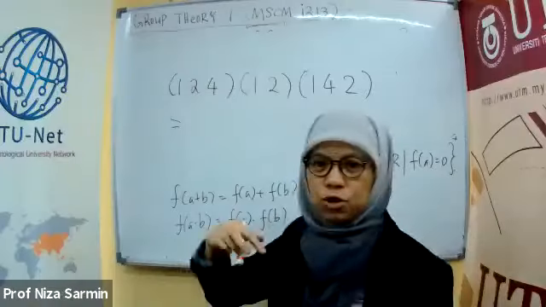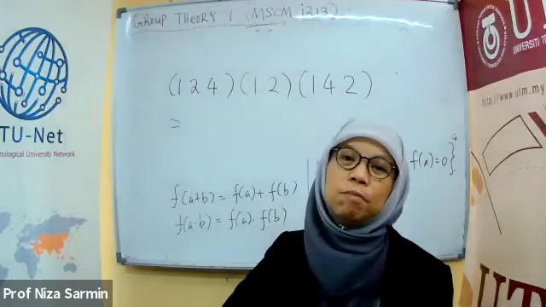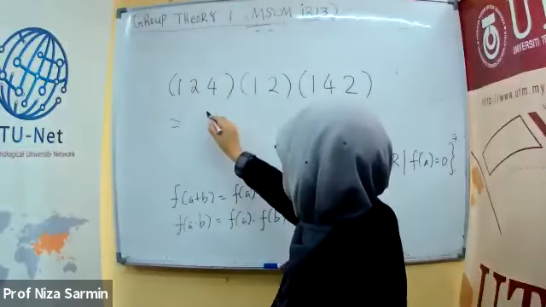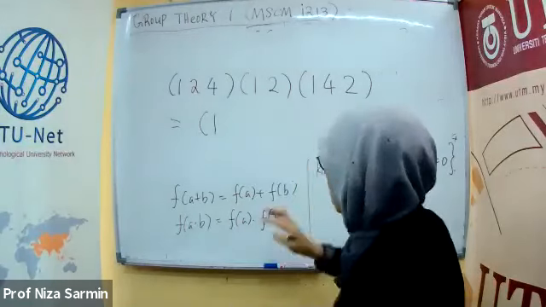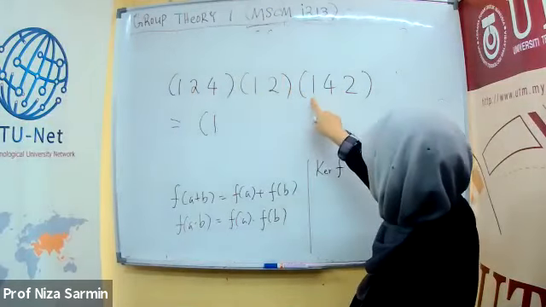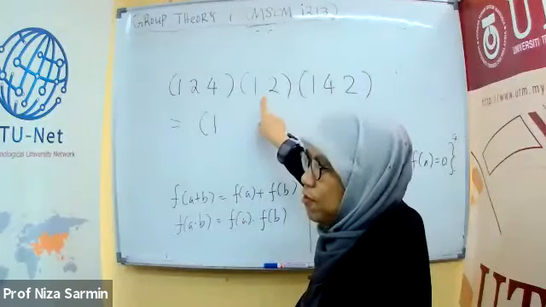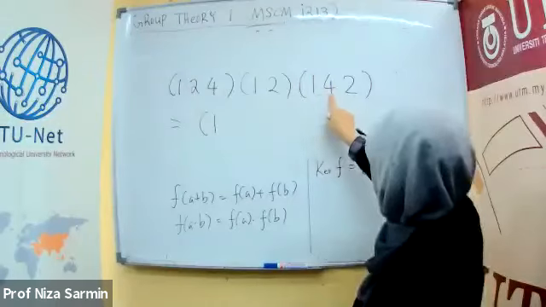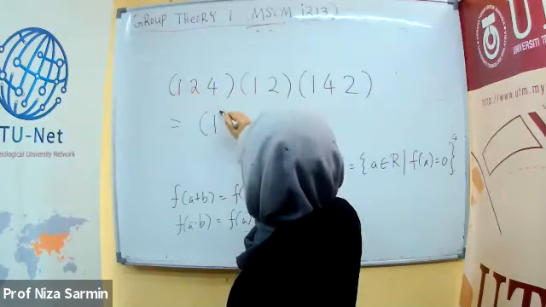When I do my multiplication, I do it from the right, and I will start from the smallest number. Smallest number, 1. So you have to go from one cycle to another until the end. 1 goes to 4. 4 goes to 1.